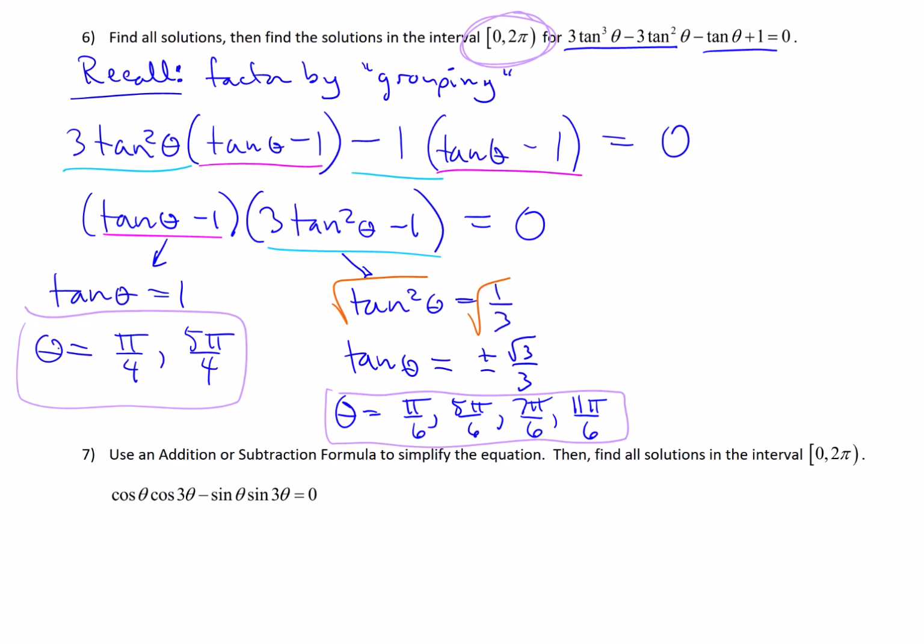But then additionally, we want to know what are the general solutions that we can represent, right? So if we go back to our unit circle, just visualize where all these solutions would be. You'll notice we have multiples of 1/6 and multiples of 1/4 in various ways. The multiples of 1/6 would be like pi over 6.